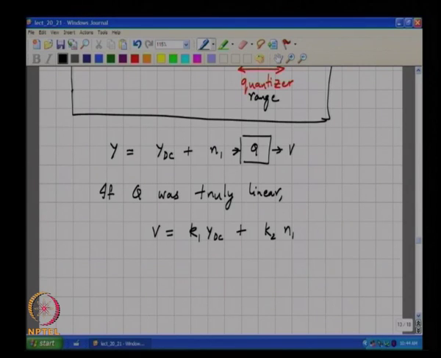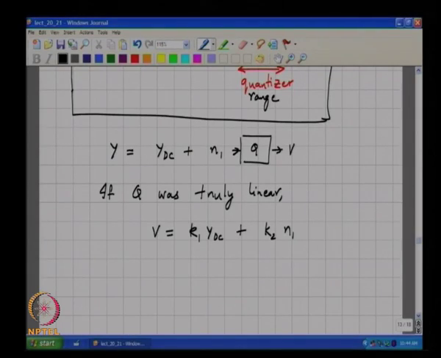You have no choice, right. Let us say these are the recordings from some plant. Y dc is given, n1 is given, v is given, as data, and I want you to compute k1 and k2. What will you do?